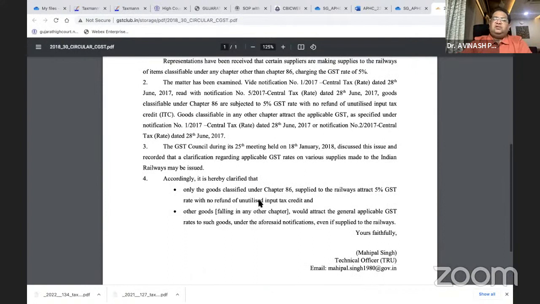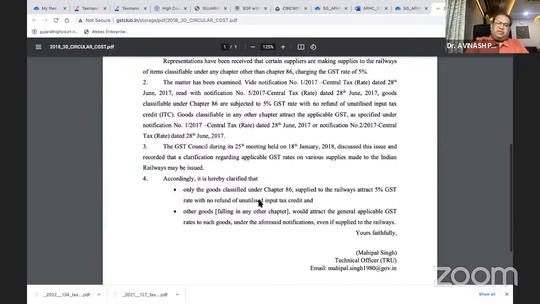So the GST Council, during its 25th meeting held on 18th January 2018, discussed this issue and recorded that a clarification regarding applicable GST rates on various supplies made to the Indian Railways may be issued. So accordingly, it is hereby clarified that only the goods classified under chapter 86 supplied to the railways attract 5% GST rate with no refund of unutilized input tax credit.